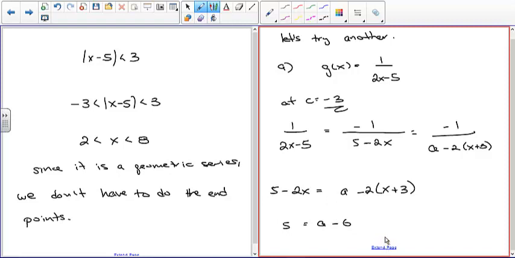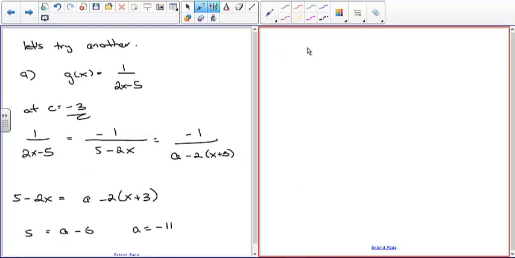And so a is equal to -11. So my original function that I'm trying to find the corresponding infinite series is going to be equal to -1 divided by -11 minus 2 times x plus 3. So those are equivalent to each other.